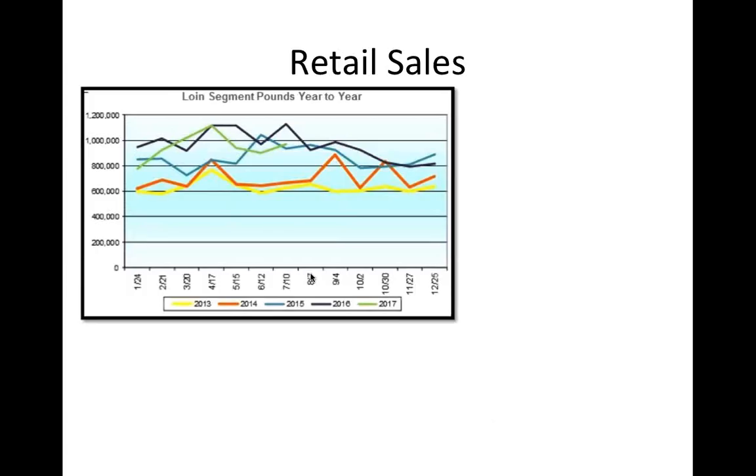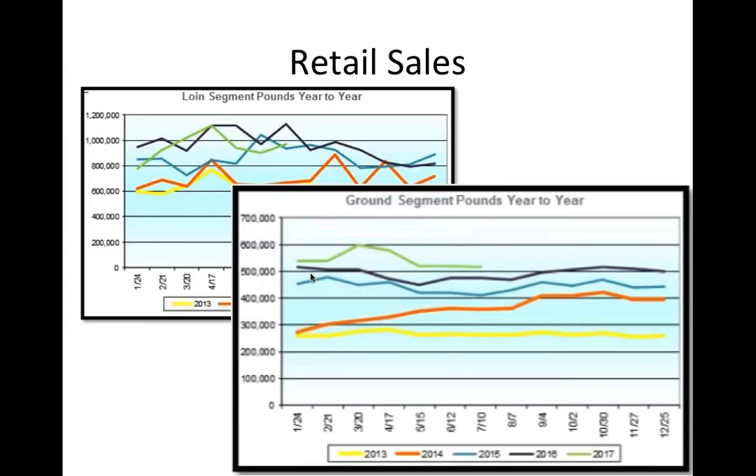Now, when we move into the loin, most of our loins are going into lamb chops. There's not quite as evident of a season or a month that's really changing in sales. What we see is each color line is going up, which is a good positive note that our lamb chop sales are going up year on year, but no season, which creates some challenges.